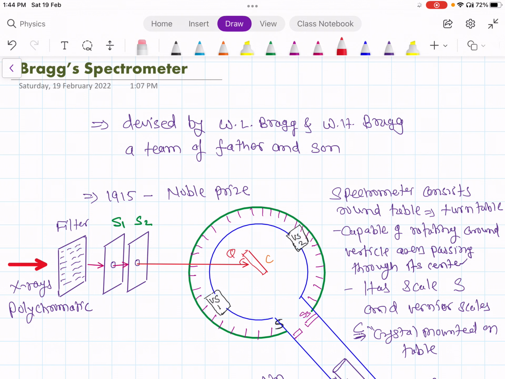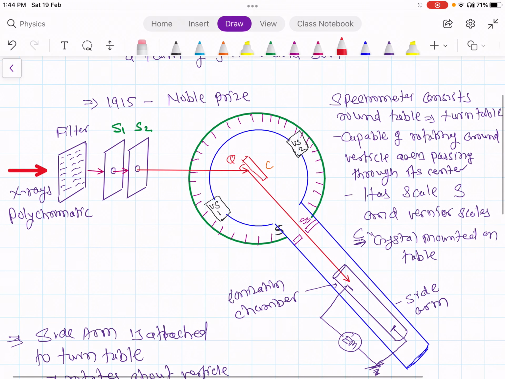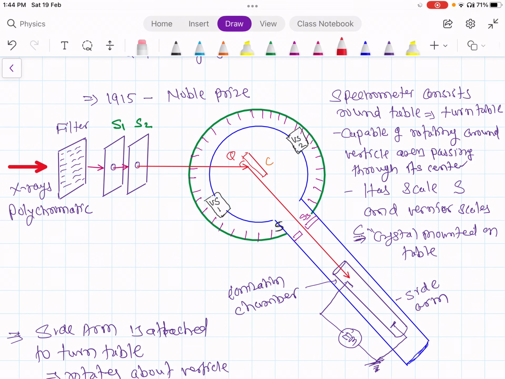And when Bragg's law is satisfied, a strong X-ray beam is reflected and it enters the ionization chamber.